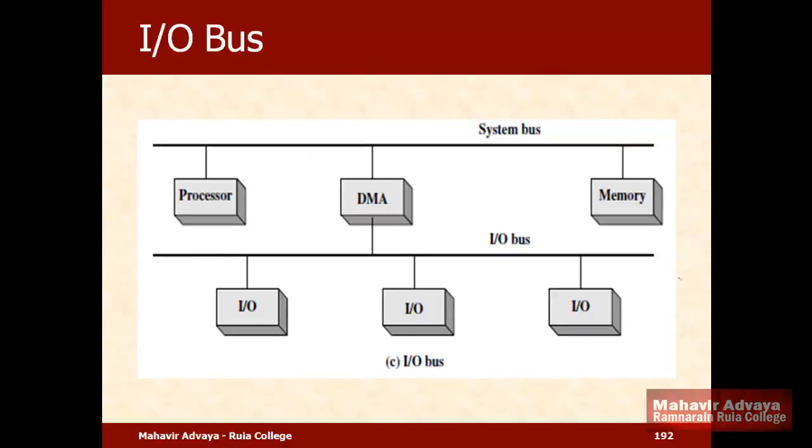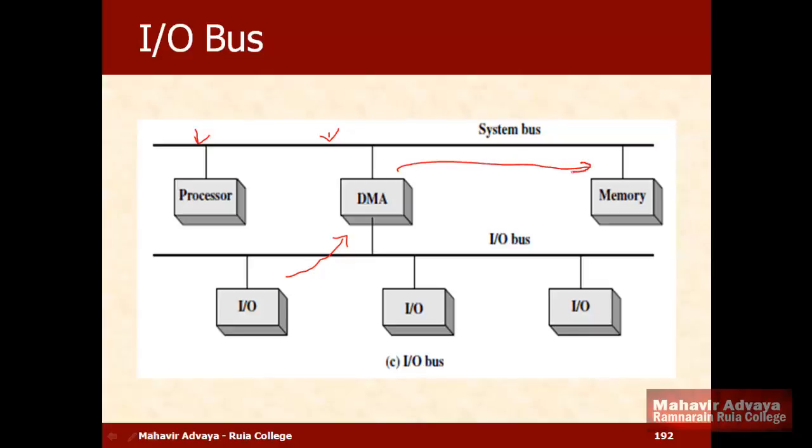And the third is the IO bus. Here you see the system bus is connected only to the processor, DMA and memory. Whenever there is a data transfer between the IO and the DMA, it doesn't take over the system bus. The system bus can be utilized by the processor only when the DMA is transferring the data to the memory.